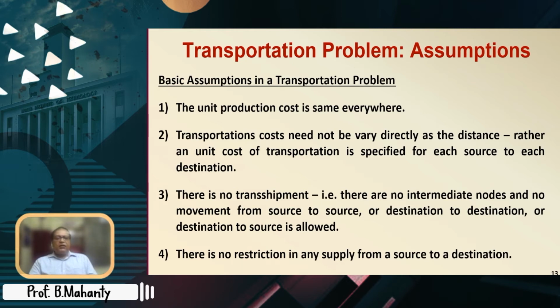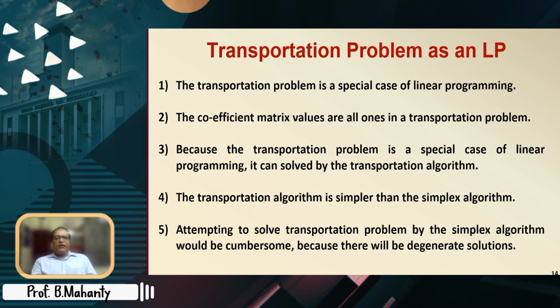In fact, when you solve transshipment problems, you can actually solve different kinds of flow networks also by the transshipment algorithm. All right, maybe some of these things are not very clear right in the beginning, but it will be very clear when you actually solve the transshipment problems. Is it all right? So let us proceed. And as we move further, maybe you shall get a very clear answer.